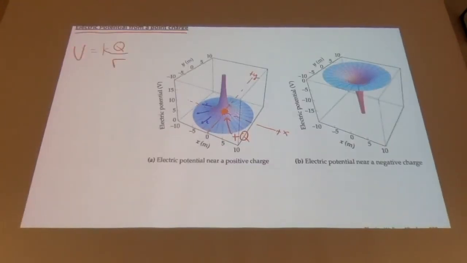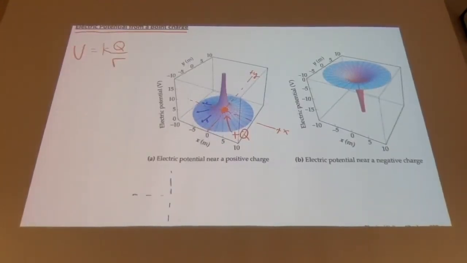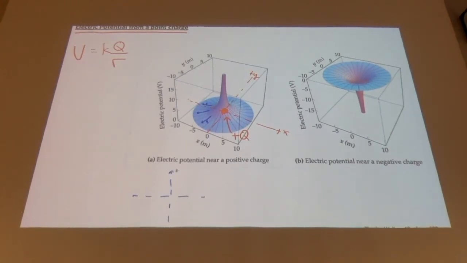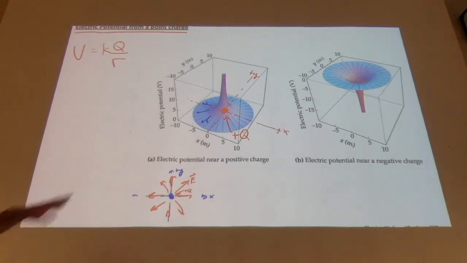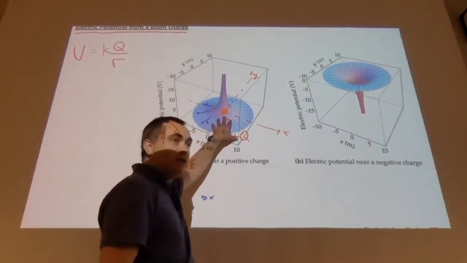Something that looks like this. I would just see a positive y and a positive x. I would see my positive point charge in the middle, and all of these lines going out from it in all directions. I wouldn't see that curve. I would just see all these lines going radially outward, right? That's what we learned the electric field for a positive charge looked like. Agreed? Okay?